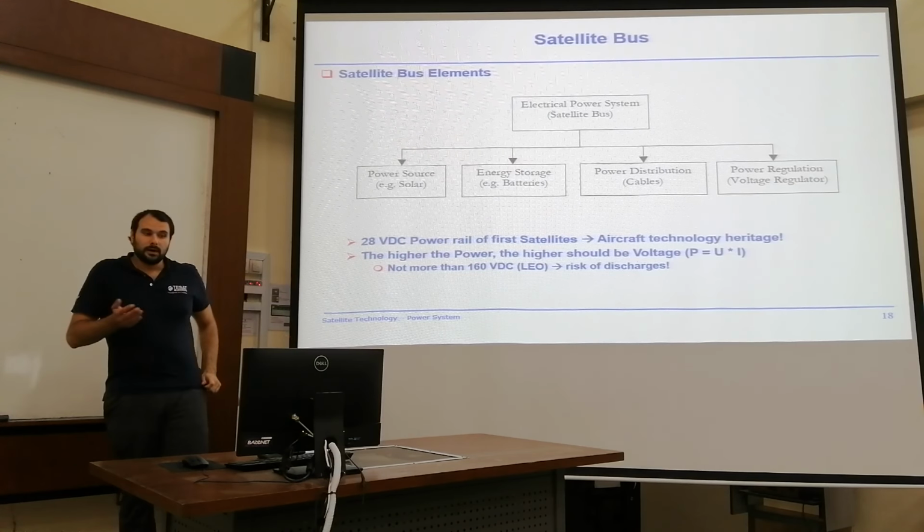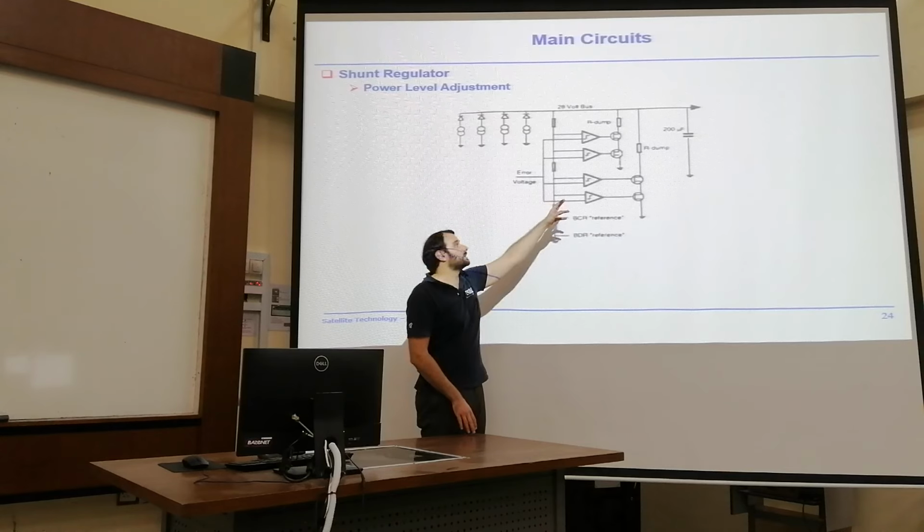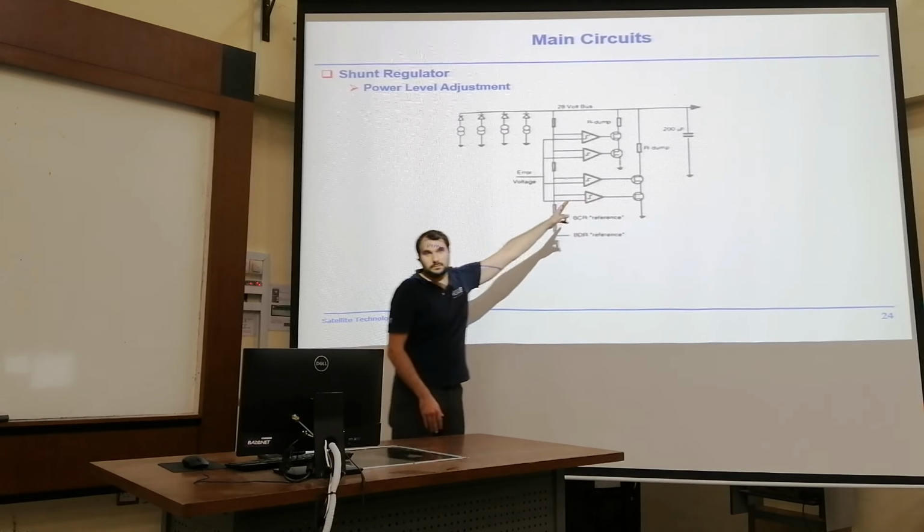You can see different power sources being fed in, again with the diode, and then by comparing the voltage of our bus with an error voltage or some reference voltages, we have some Schmitt triggers that could close some electronic switches, and you would dump your excess power over the shunt by closing that towards ground.